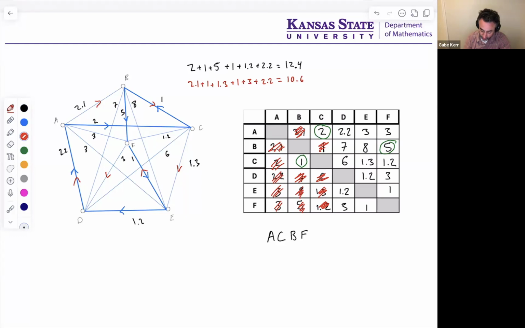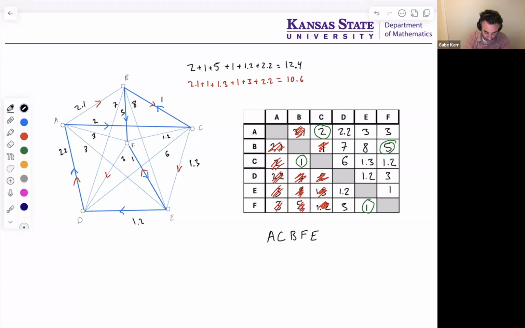Now I move down to the row of F, and what do I have for F? I don't want to return to any of the marked out vertices. So I have 3 and 1. 1 is the smallest value. So I go ahead and circle 1 and write down E because E is what's next here.